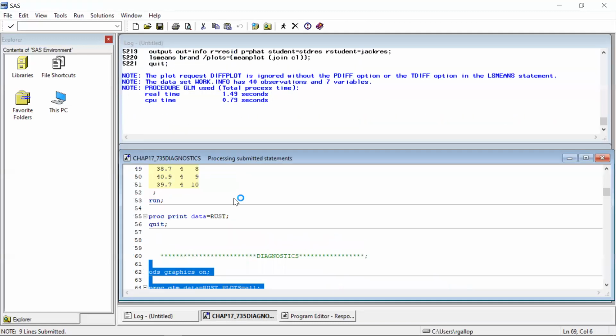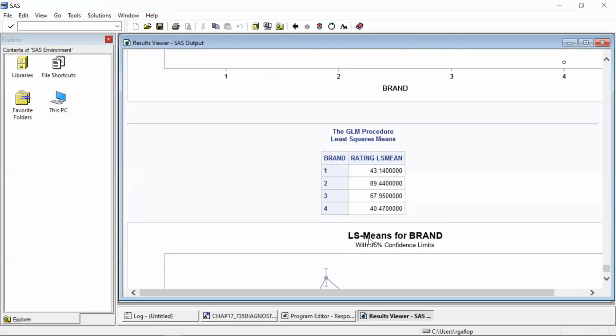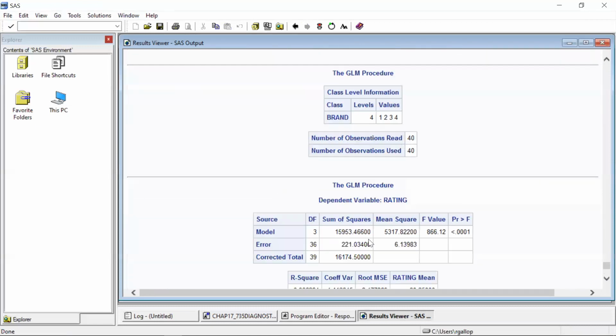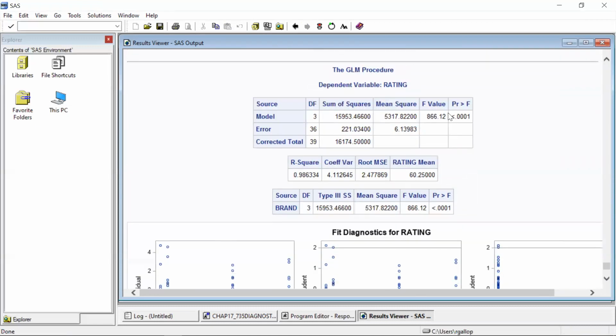So we ran this before, and we knew there was an overall effect, right? That was part of the output of the rust inhibitor data. But let me go to the beginning. As we saw with the rust inhibitor data, based on the available data, we have sufficient evidence to indicate that on average the mean protection of these 4 brands of inhibitors is not the same.